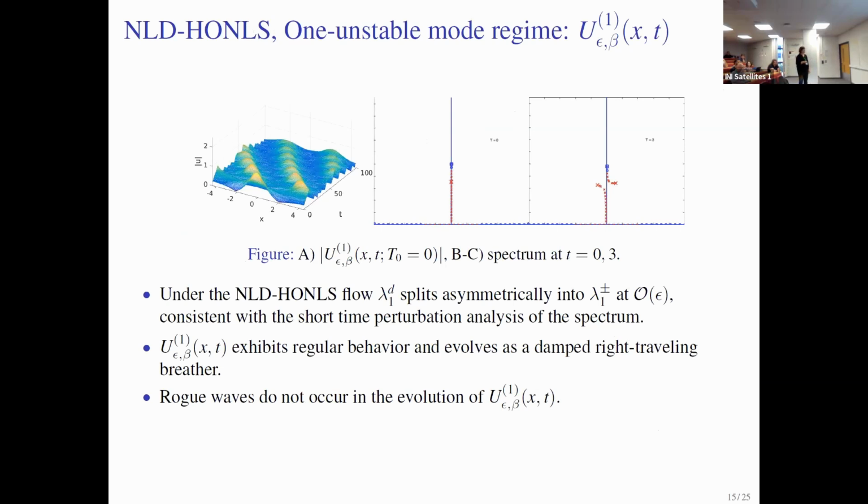All right. So this was set as a warm-up example. It's not as exciting as the subsequent examples. Here, initially the Stokes wave has one unstable mode, and we're looking at the single mode SPB in the one unstable mode regime.